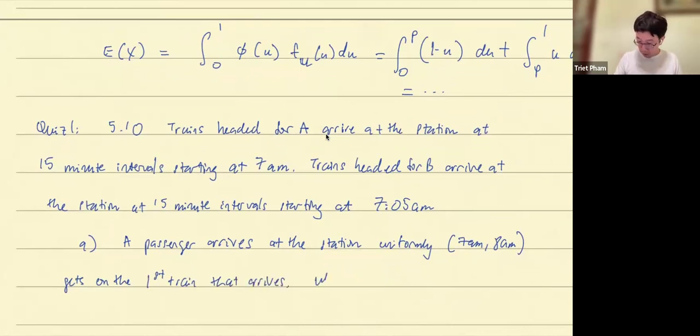What proportion of time do they go to destination A?